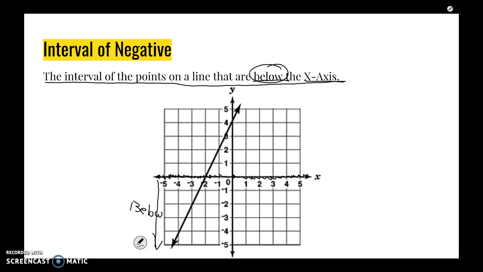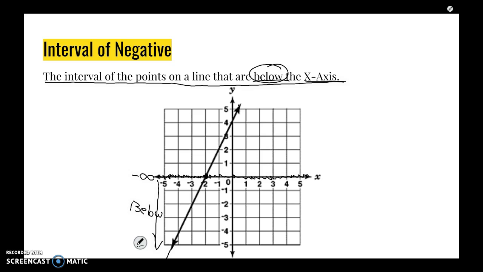So if I look, everything that's below is going to start, well, it's going to start way down there, right? And it's going to come up all the way until it gets to here, which is at negative 2. Then we get into our interval of positive, which is from negative 2 all the way to infinity in that direction. So with that being said, if this continues to go down and to the left, what is the furthest to the left we can go?